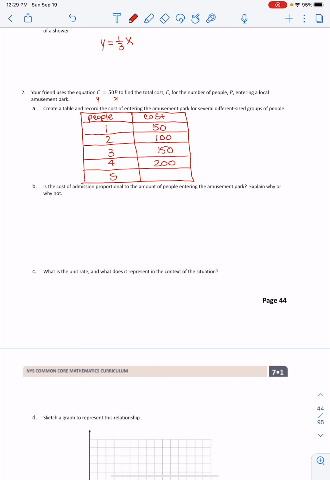And 5 would be 250. So is the cost of admission proportional to the amount of people entering the amusement park? Yes. And why? $50, which is the unit rate, is multiplied to each number.